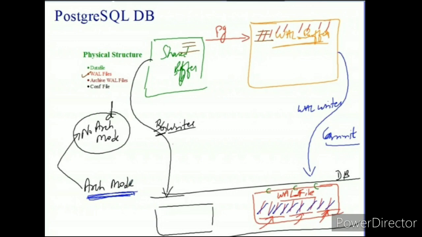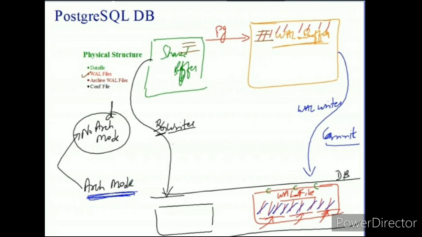In Oracle, we call it a data file, and we call it a data file here also. And the next one is the WAL file. Whatever transaction happens in the database, it will store the information.